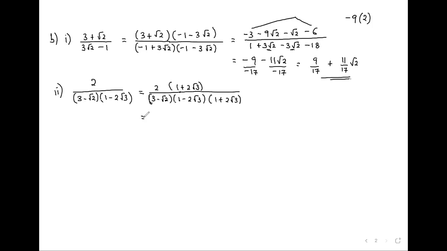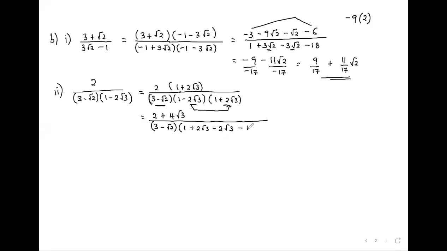When you multiply, we'll get 2 times 1 on top. We'll get 2 plus 2 times 2, 4 root 3, divided by, we keep this, 3 minus root 2, which we multiply and expand here. So 1 times 1, we get 1, plus 2 root 3 minus 2 root 3, and then minus 2 times 2, we get 4, with 3 times root 3, we get 3.